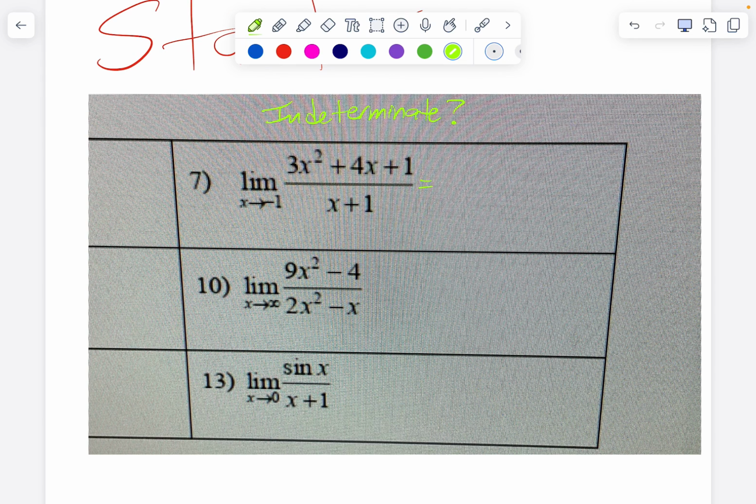Do I need to write limit next? Like if I'm going to chain some equals signs, yeah. What does this factor to be? I got x plus 1 times x plus 1/3. I did the quadratic formula and I don't know if I did it right. Oh, okay.